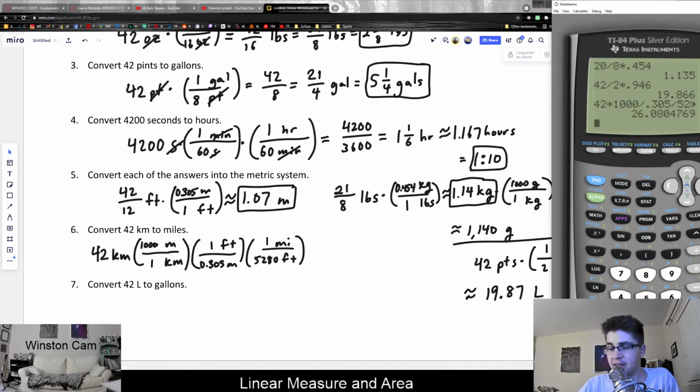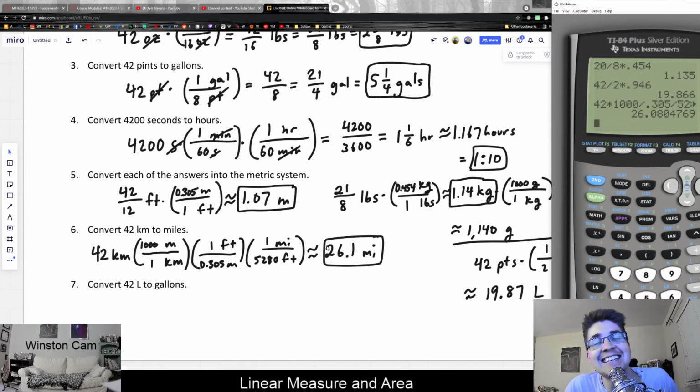And all that put together gives me, again, I'm going to use the approximate symbol here because this conversion factor was not exact. All the rest of them were, and whenever they are exact, use the normal equal sign. But with an approximate system, I'm going to always use the approximately equal to, which gives me about 26.1 miles.